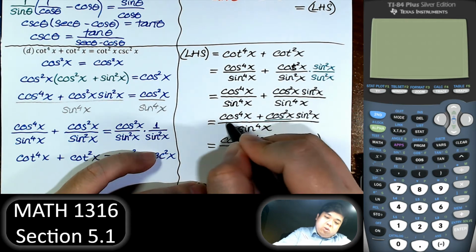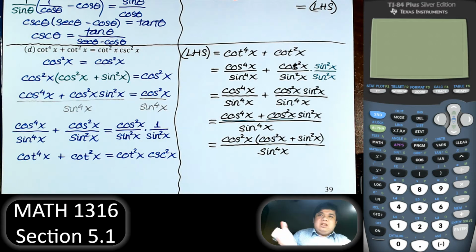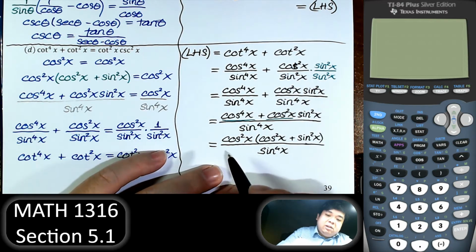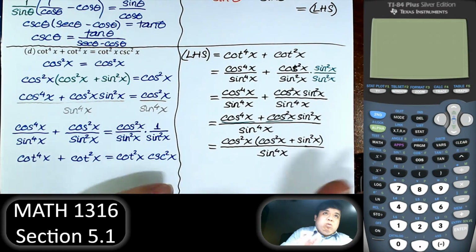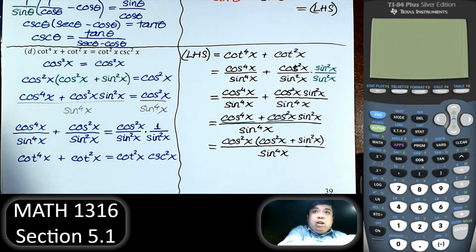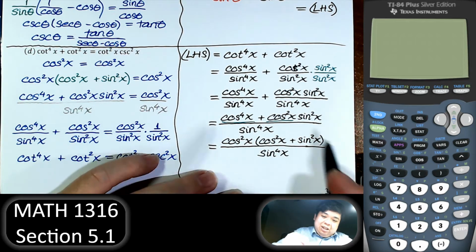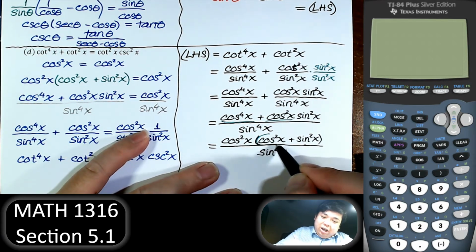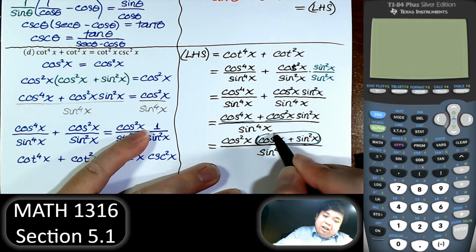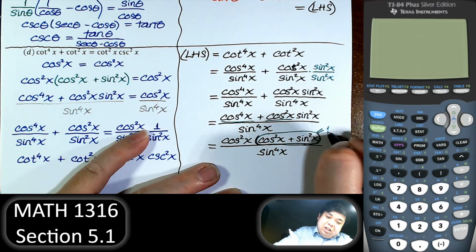Then factor, multiply by the common denominator, try to simplify the problem. Those are the common techniques. But I would try to convert everything to sine and cosine, just too easy to work with. And then we know exactly where we go. Like when we have cosine square plus sine square, that definitely is a Pythagorean identity, that is equal to 1.